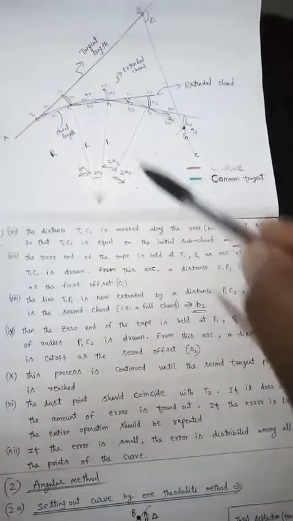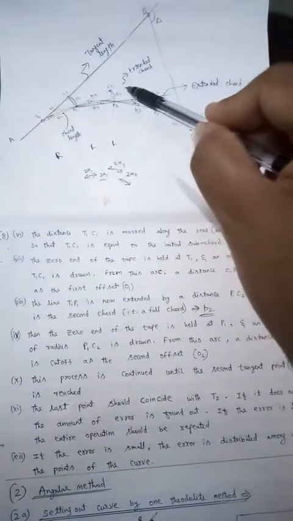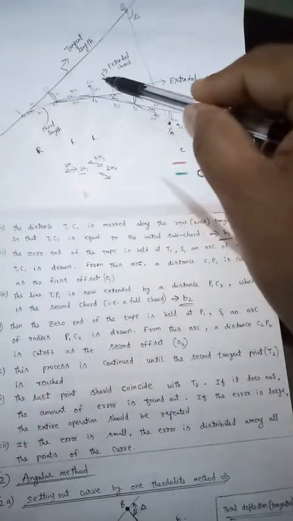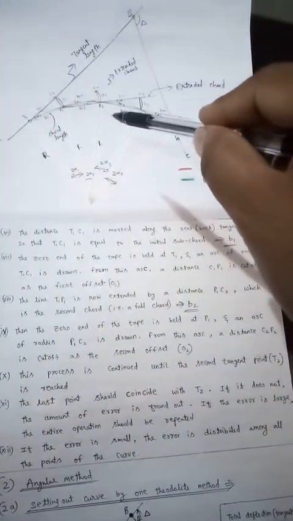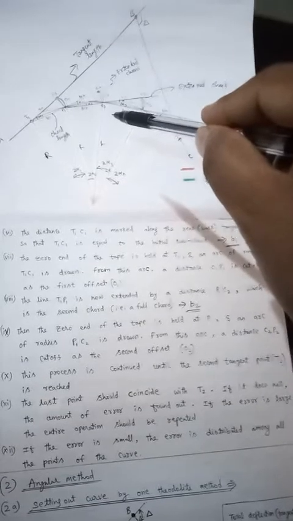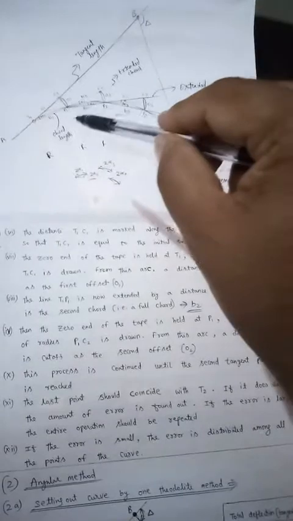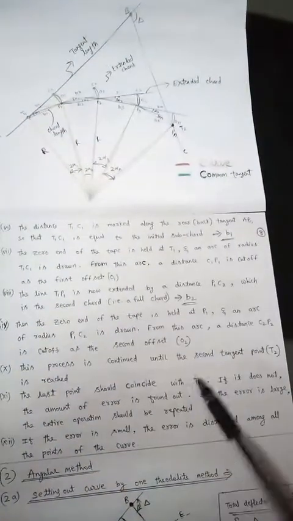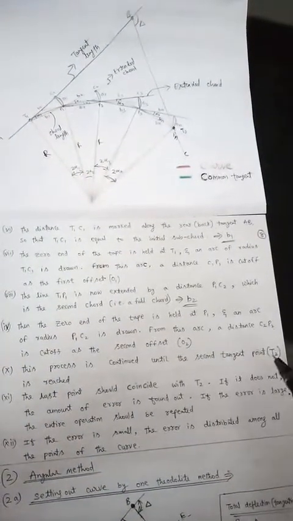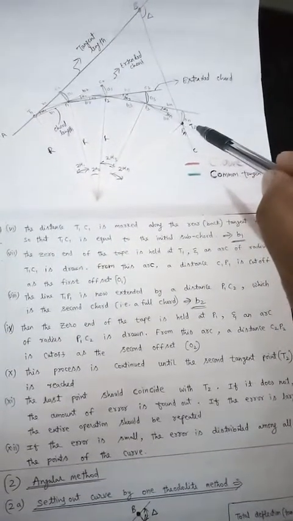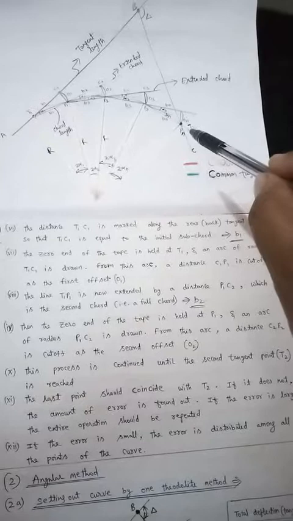This is P1. An arc of radius P1C2 is drawn. From this arc, a distance C2P2 is cut off as the second offset, that is O2. We will get it here. This process is continued until the second tangent point T2 is reached. Up to the T2 point we will continue here.